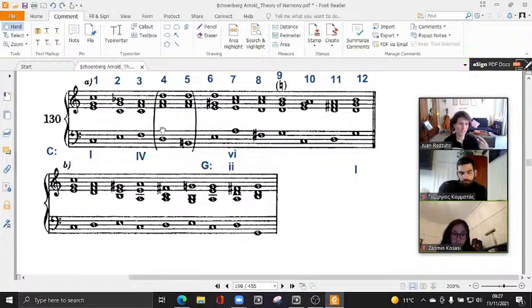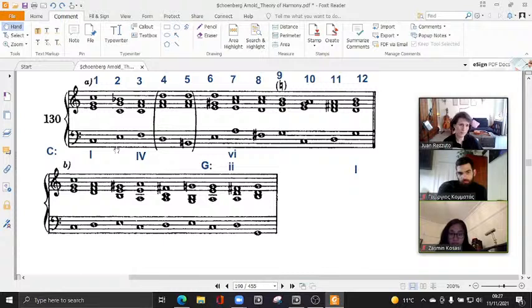And the last one, the first inversion, which is this one, is the one that is more melodic. It's more about voicing. It's not unstable, but it's not as important as the root position.